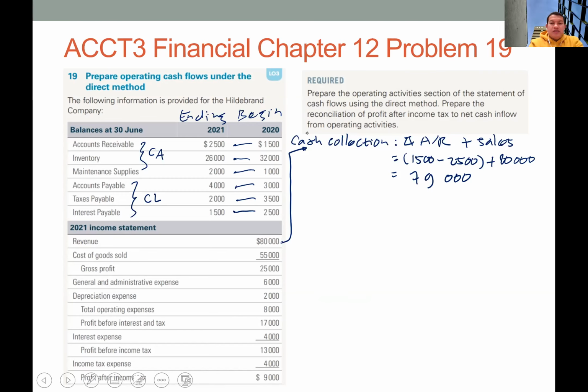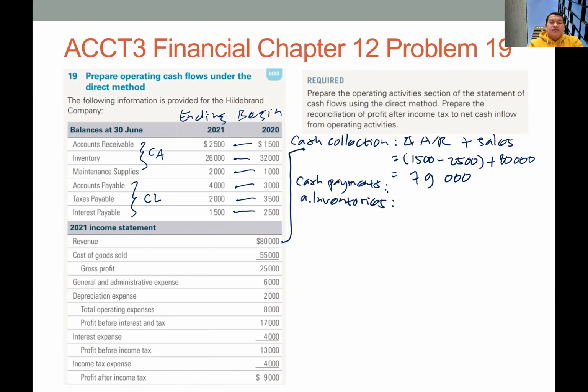Next is we have to calculate the cash payment. The first one, let's calculate the cash payment for inventories.